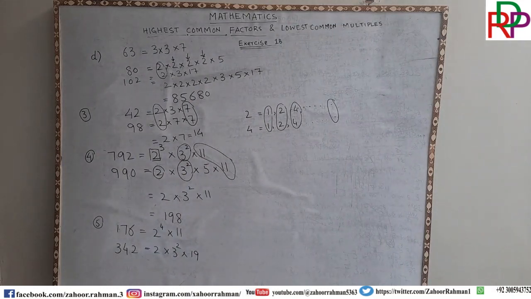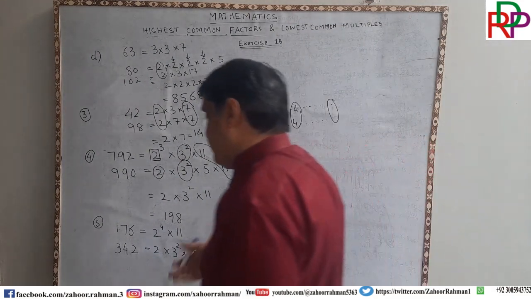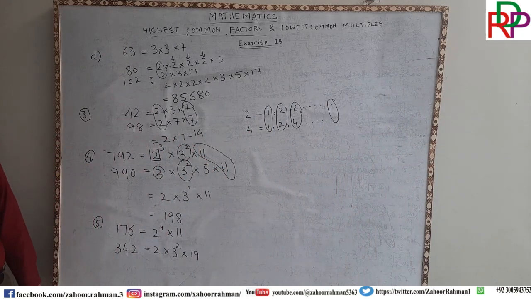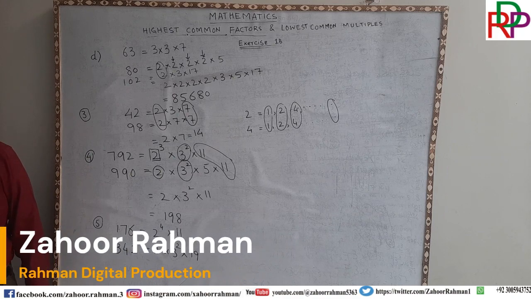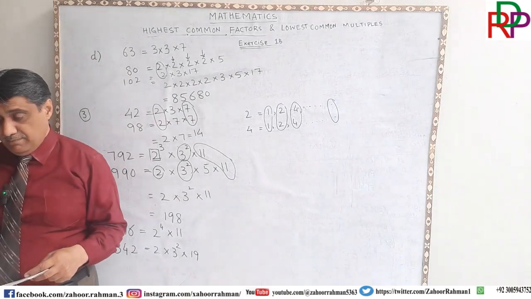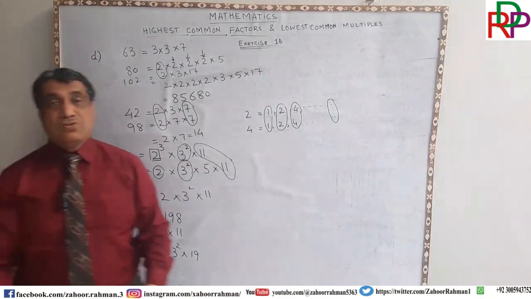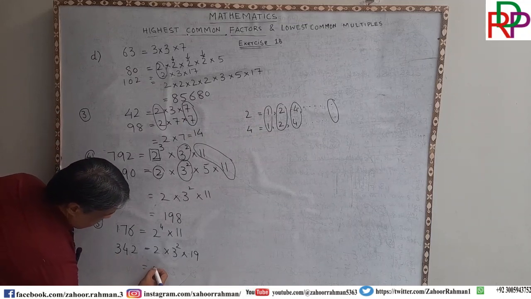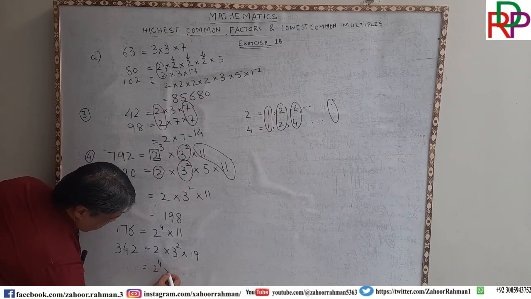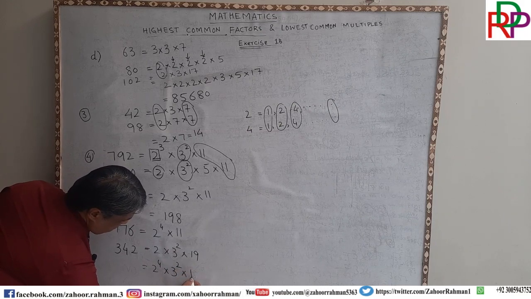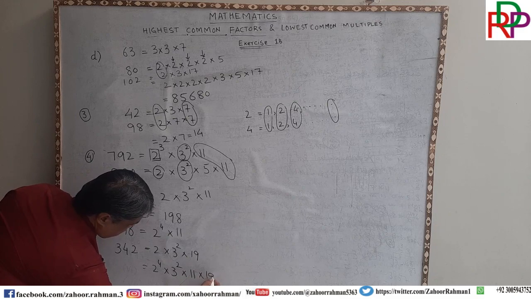So LCM is common factors and non-common factors. 2 raised to the power 4. So LCM is equal to 2 raised to the power 4, 3 raised to the power 2, and 11 into 19.